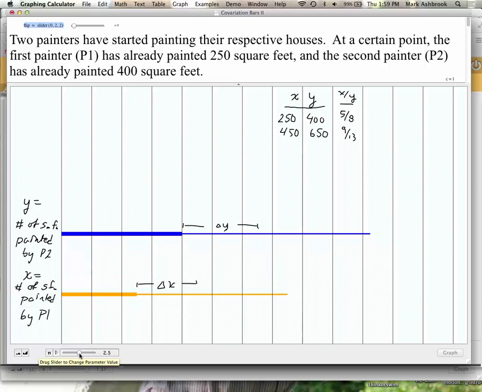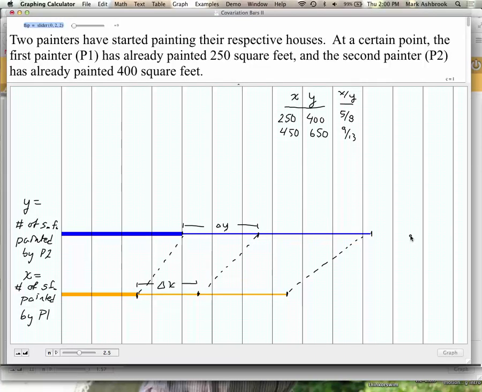So actually, I need to mark off some points here so you can see. Here's where we started, and then we had this, and now here we are after another 300 painted by painter 1.